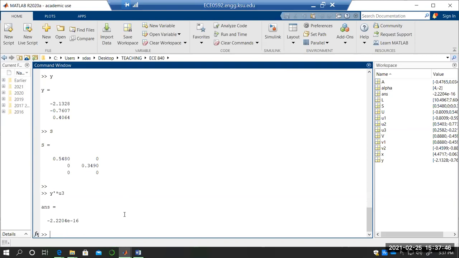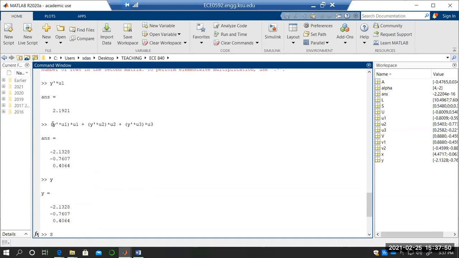Okay, another way of, let me do it this way. So this coefficient should be equal to sigma 1 alpha 1, correct?